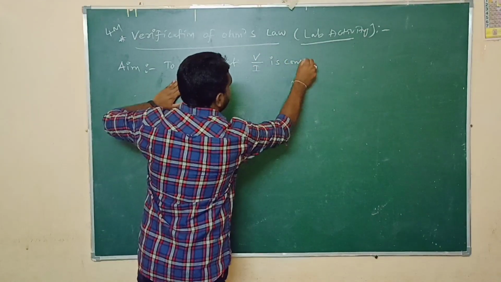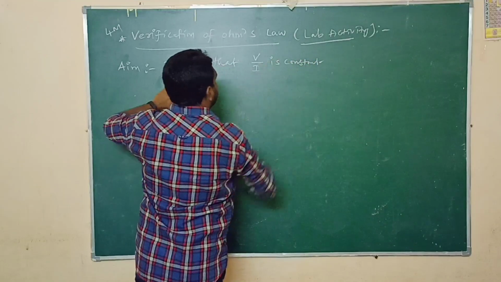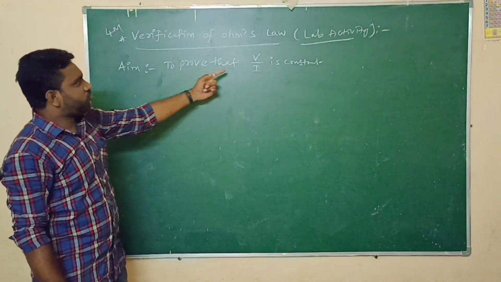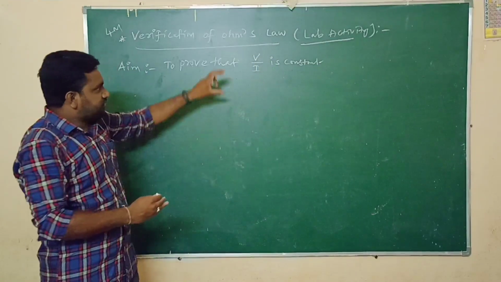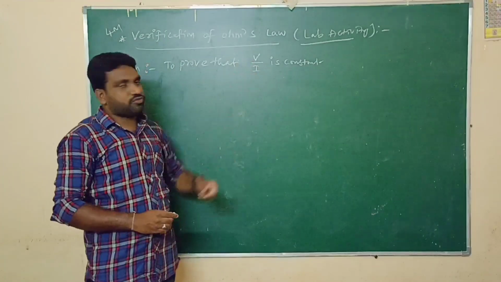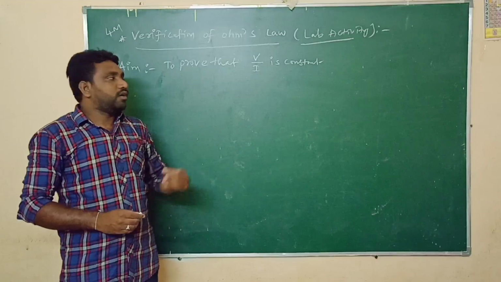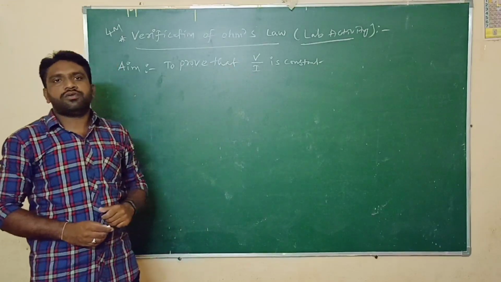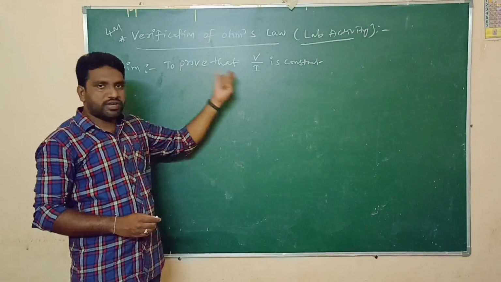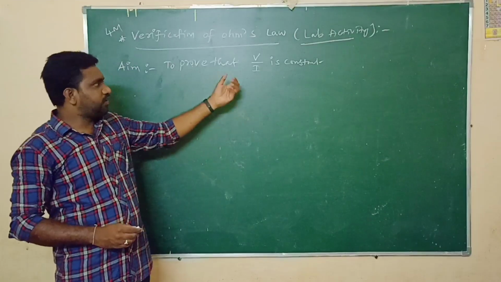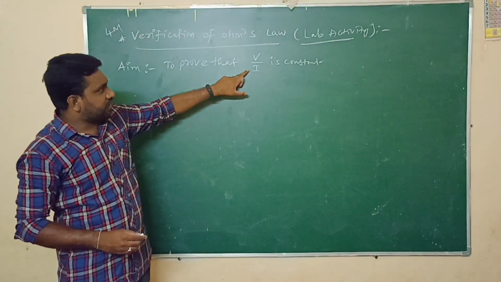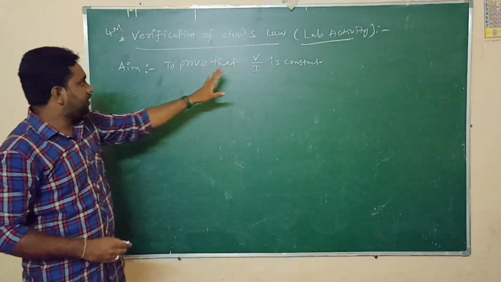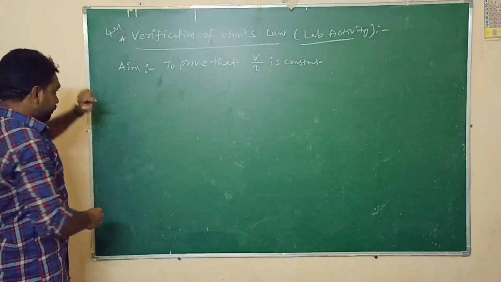Once the ratio between these two components is constant, they should be directly proportional to each other. So when we want to verify Ohm's law, we need to prove that the ratio between potential difference and current remains constant. That is the aim of our lab activity.